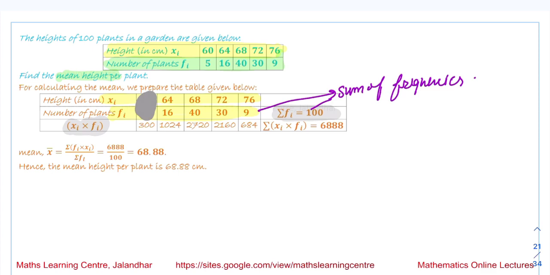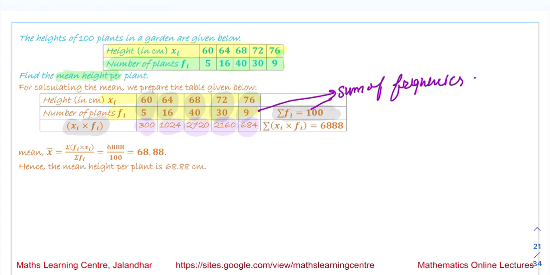It is 60 into 5, 64 into 16, 68 into 40, 72 into 30, then 76 into 9, and the answers we get are 300, 1024, 2720, 2160 and 684.